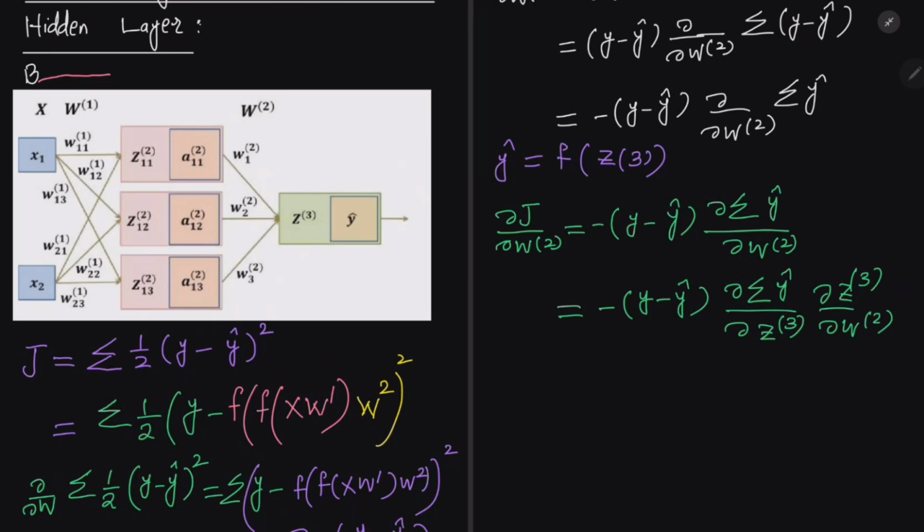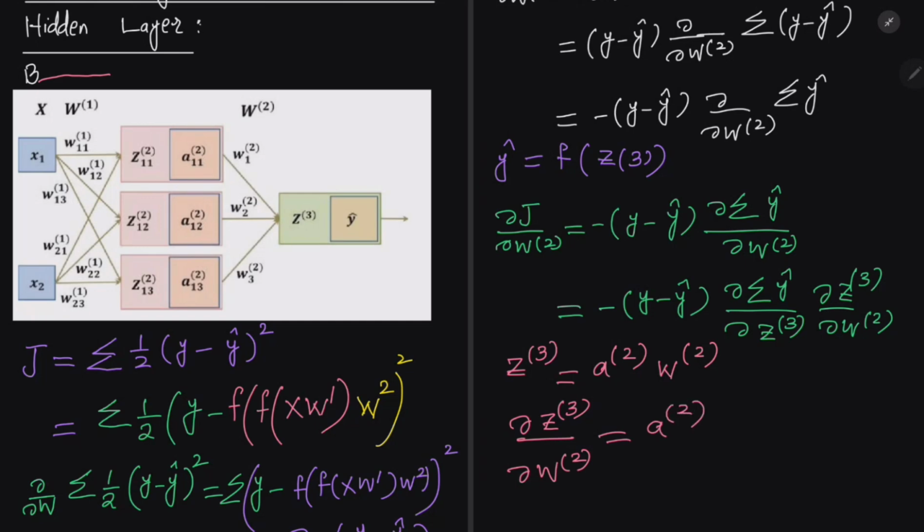So we have z3 is equal to A2 W2, since A appears in hidden layer 2, W2 weights of hidden layer 2, so we get partial z3 by partial W2 will be equal to A2.